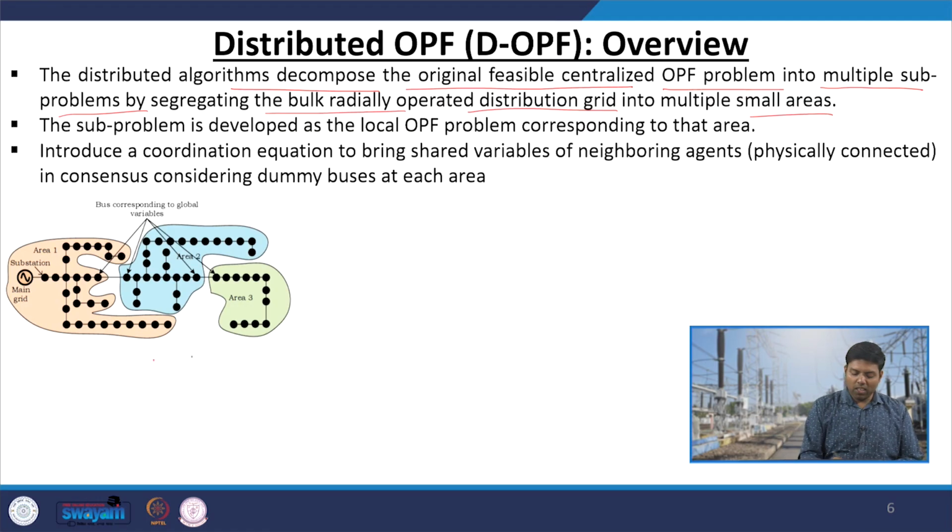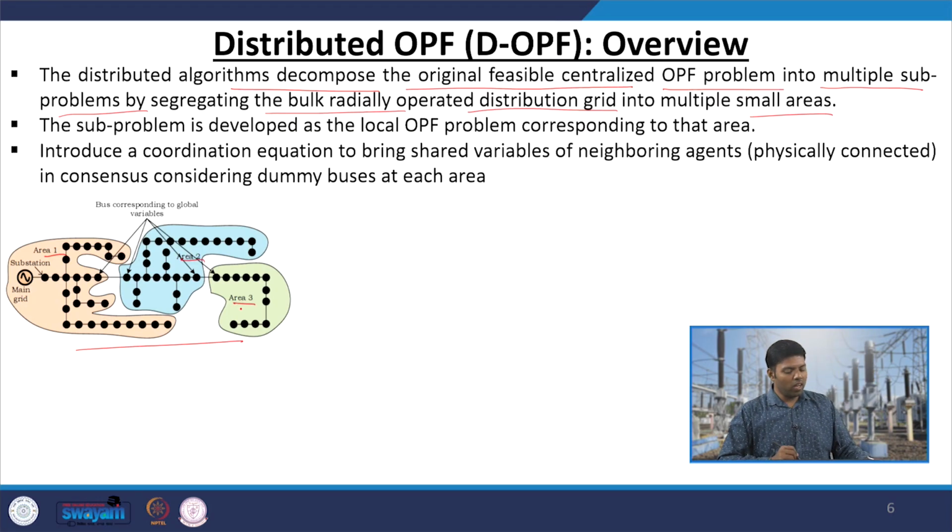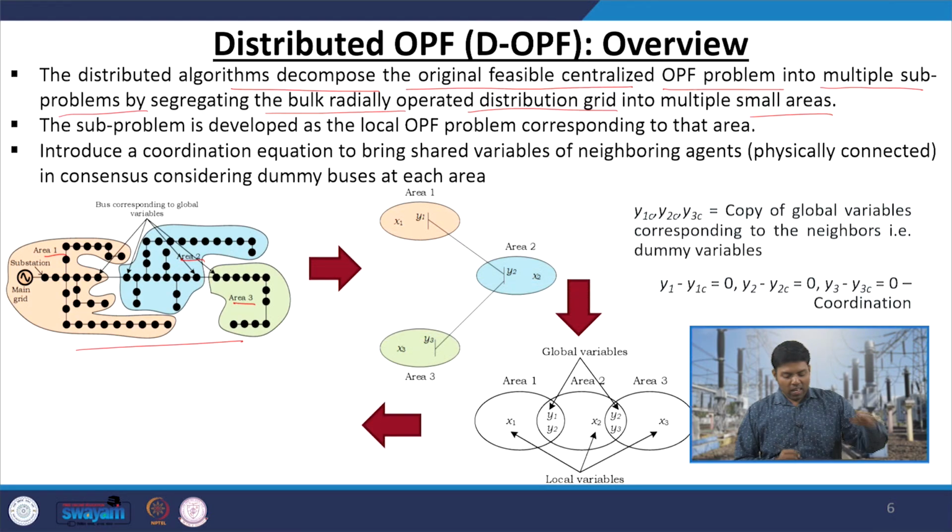So, if it is a large network as given here, you segregate it into multiple areas, that is area 1, area 2 and area 3. Then you decompose them. So, that is your area 1, that is your area 2, that is your area 3. But these areas are interconnected, because you can see that this bus and this bus are connected via this line.